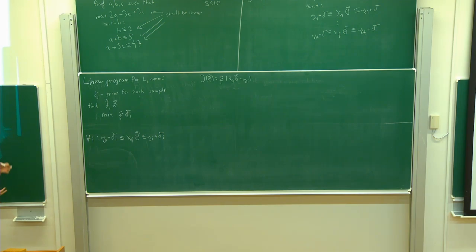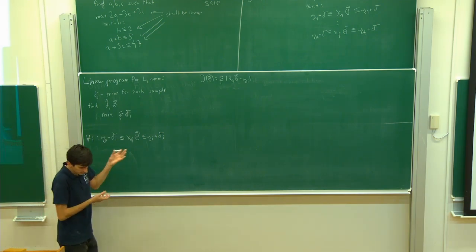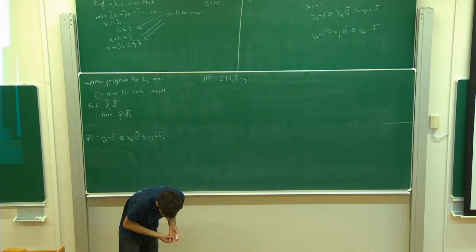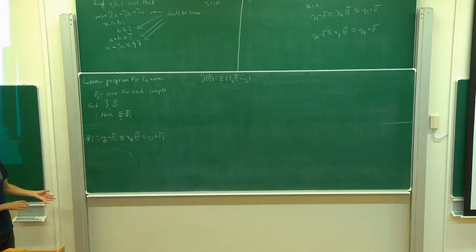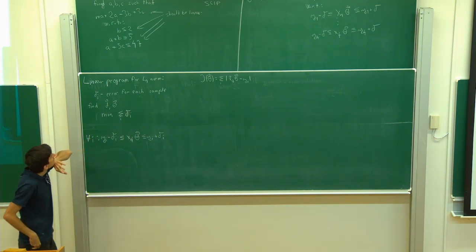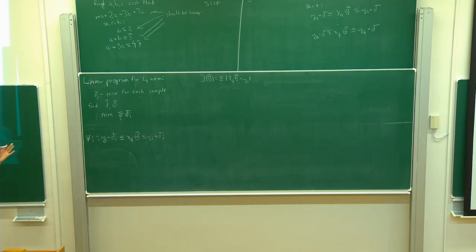It's a pretty simple one, and it kind of works. Sometimes we use it, but the reason we are talking about linear programming is that it will be used in the context of support vector machines, where we will build bigger programs. So again, we see three kinds of norms.